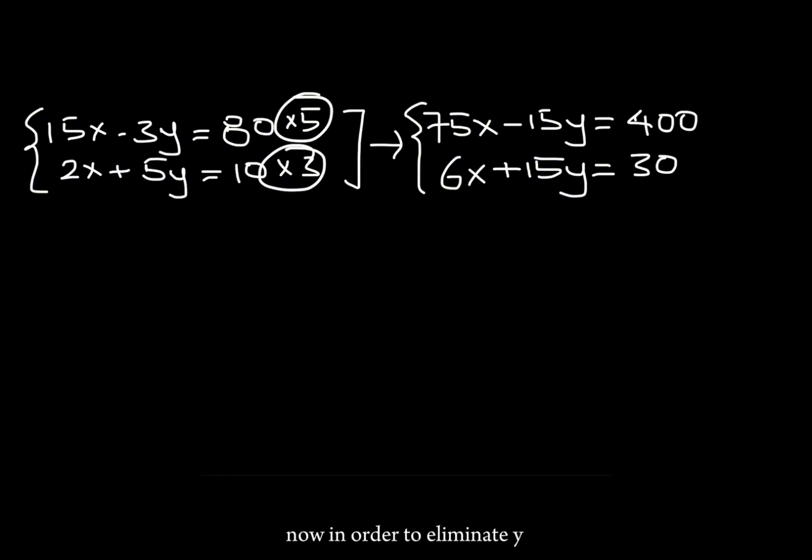Now, in order to eliminate y, we must add the first equation with the second equation. 75x plus 6x is 81x. Negative 15y plus 15y cancel each other out. 400 plus 30 is 430.